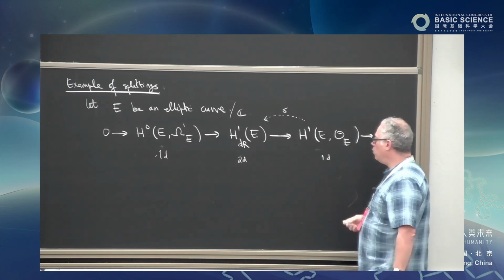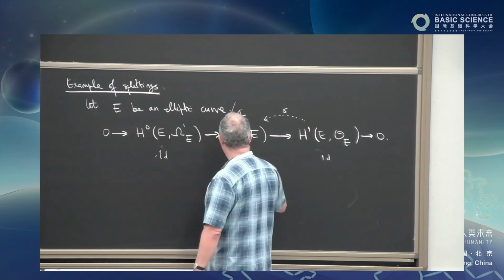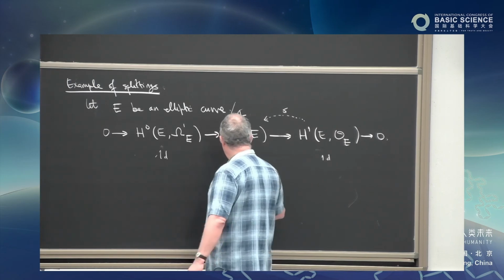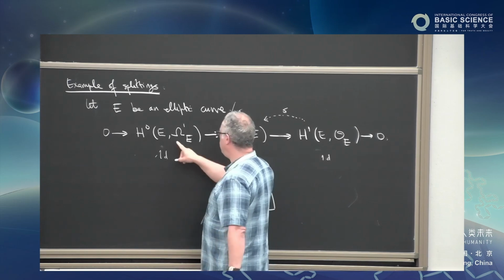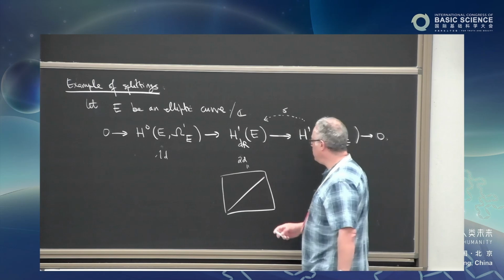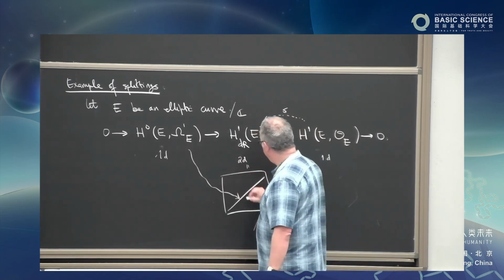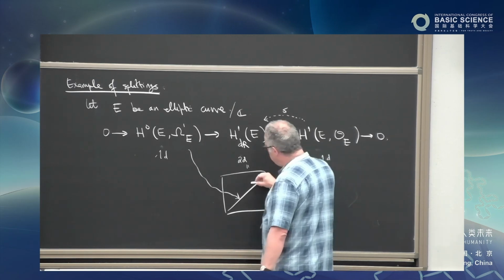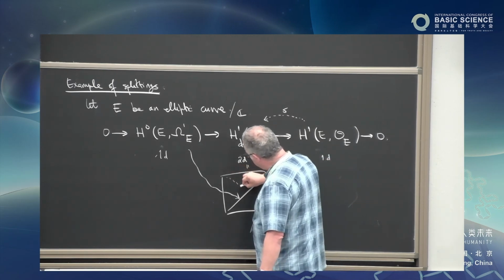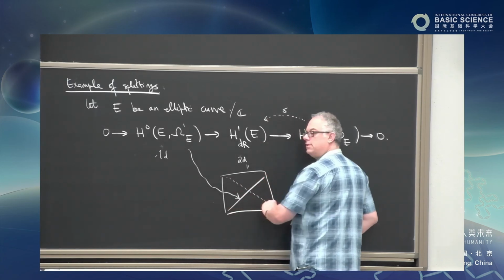So geometrically, here you have a two-dimensional vector space. In here, you have a line, the image of H0 omega 1. So this is this line. And the image of the splitting has to be any other line that is not equal to this line.